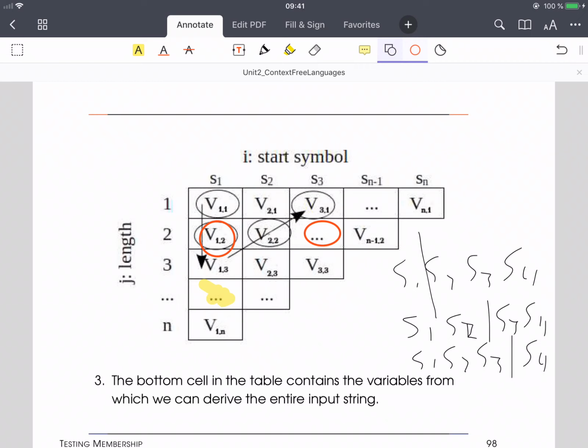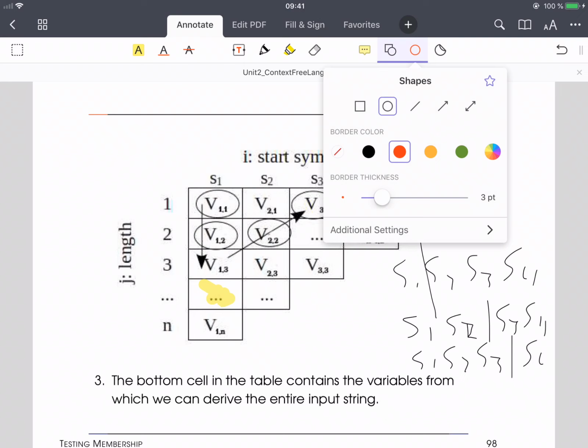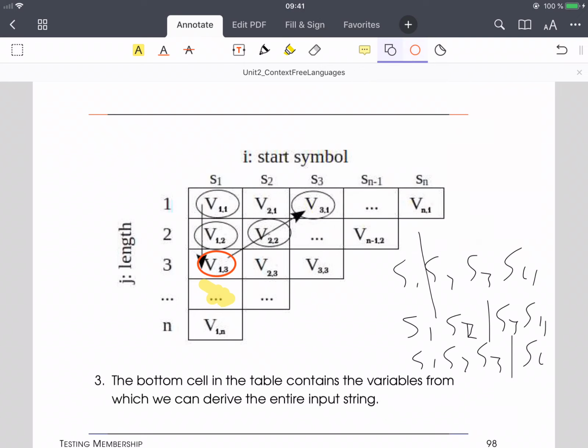They generate S3, S4. And for the third possibility, we need to take a look at the variables in this cell together with the variables here, because this is the set of variables that generate S4.